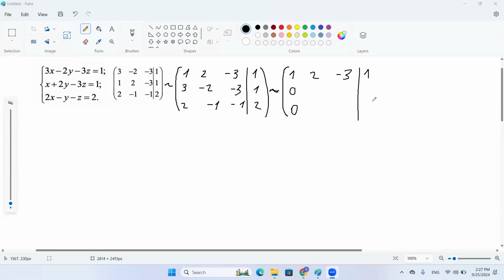So how to eliminate the third row, or the second row? Do you remember elementary transformations? Oh, you need some more time. Oh, let's start solving together.